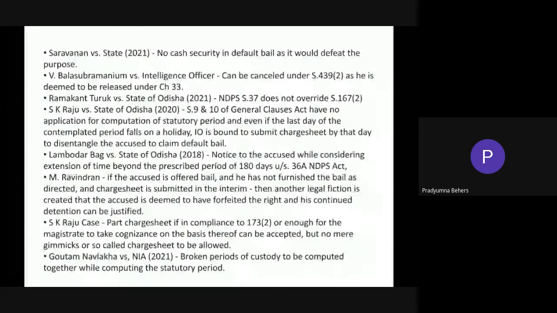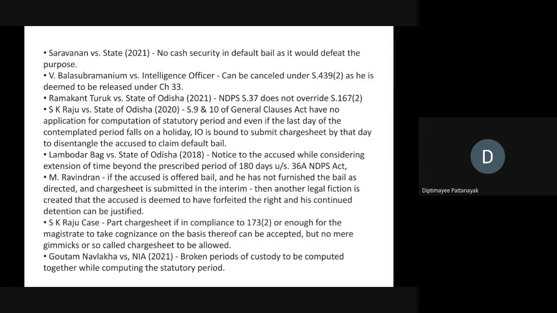Another important question that always comes up is whether this bail can be cancelled, because it is not an ordinary bail, this is a statutory bail, a compulsive or default bail. So whether it can be cancelled, it has been held in V. Balasubramaniam versus Intelligence Officer that such bail can be cancelled under Section 439(2), as the accused here is deemed to be released under Chapter 33.